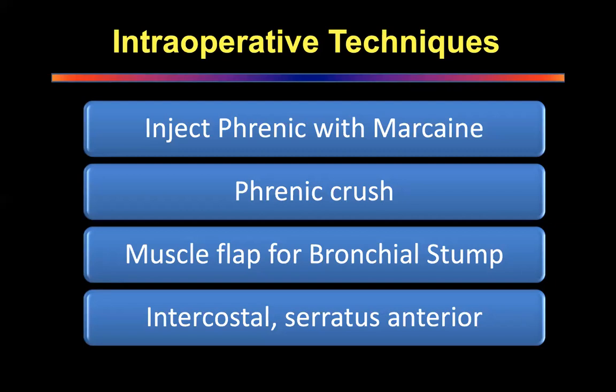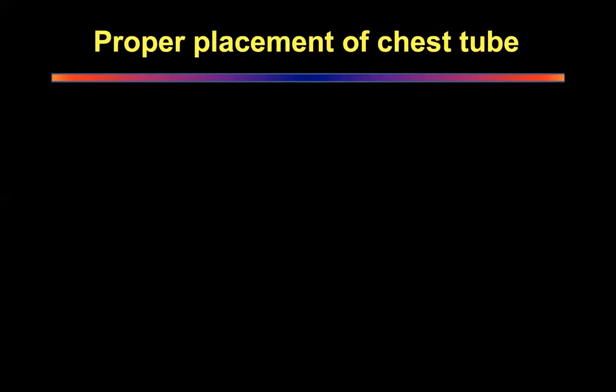As soon as he starts the operation, before going into the chest, along the way of the incision, he will harvest the serratus and cover it with some vasodilator solution, and then go in and do his operation, and then get the serratus down through an intercostal space higher. He doesn't use the same space, he goes one space higher and then puts it around the sleeve resection that he has done. So it's a good technique to prevent air leak and to get stability of the area.